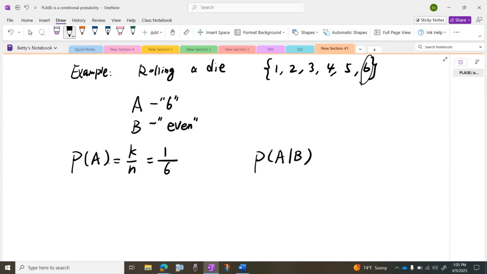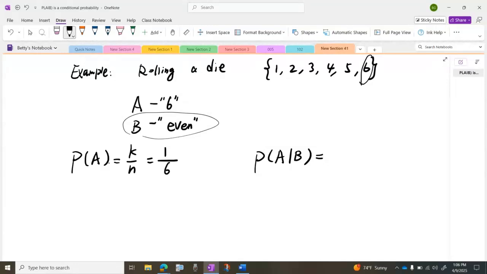And now we consider this conditional probability, P of A given B. Knowing the conditional probability is still the probability of A. It's just we have a condition attached. The condition is B already occurred. So let's consider that. Assume B already occurred. What is B?